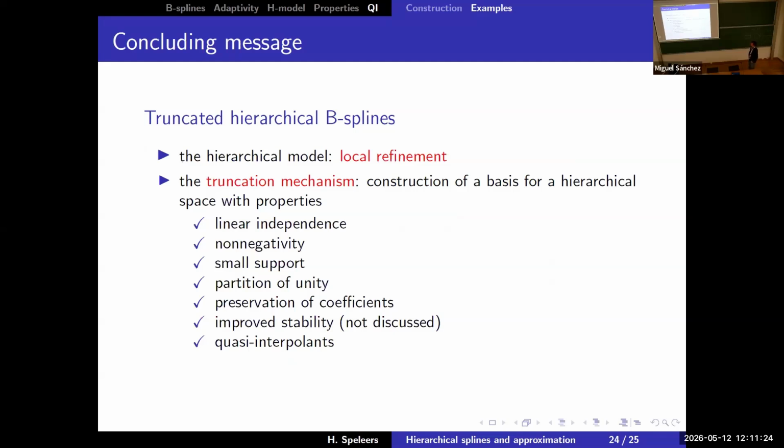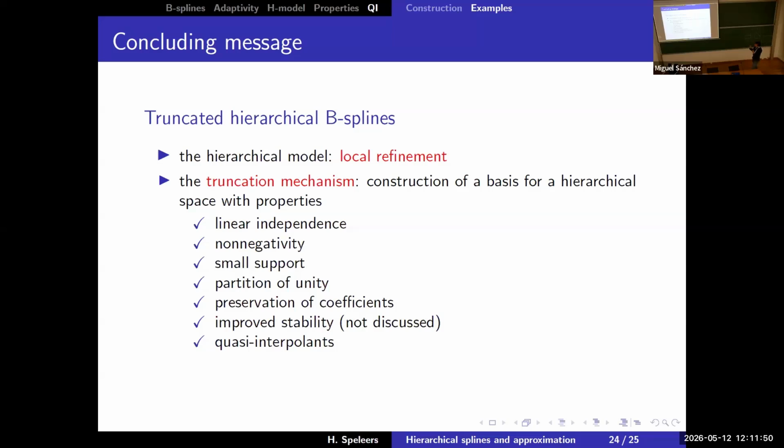Okay, so that's basically the end. Tensor product splines are great because they generalize to higher dimensions in a very easy way. But if you have problems with some local issues, then you want some adaptivity. One possible way is using this hierarchical model. There are many other solutions, but it's just one thing.